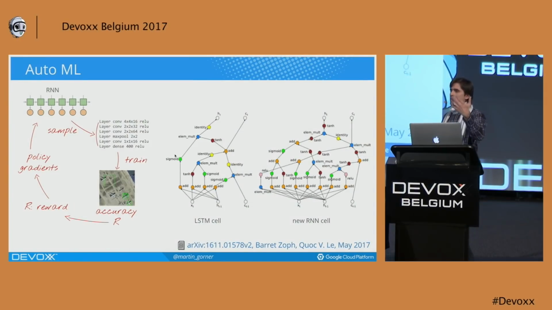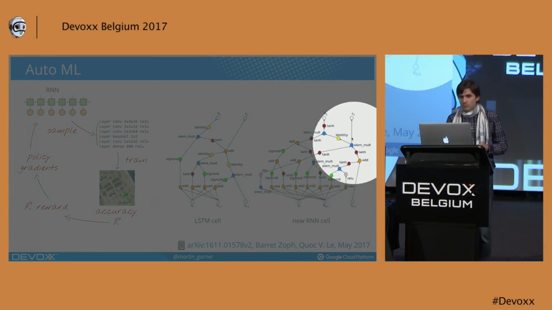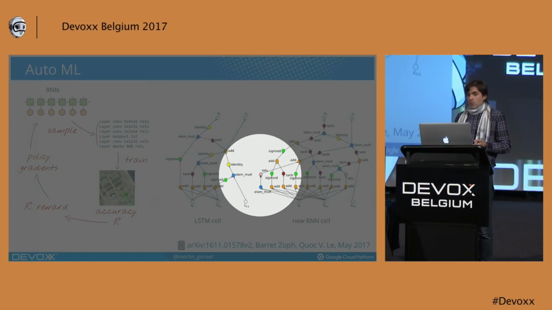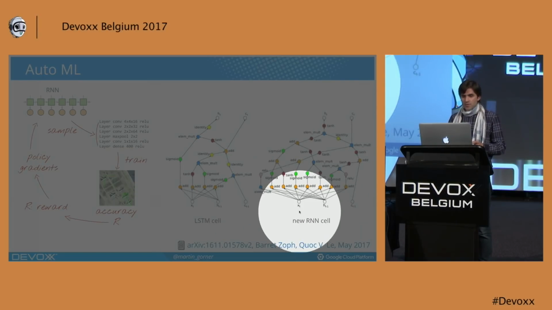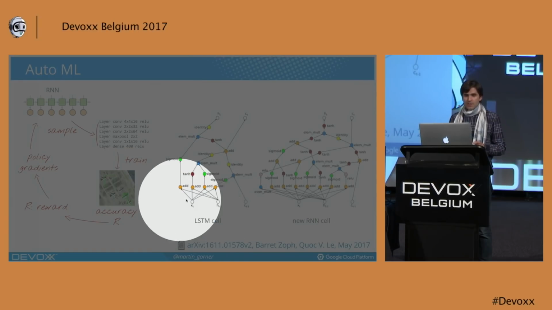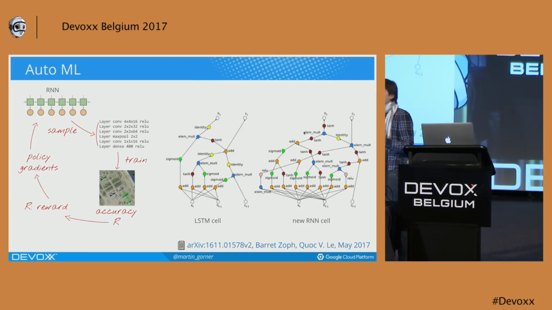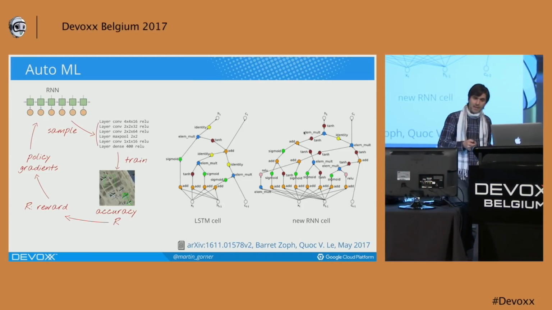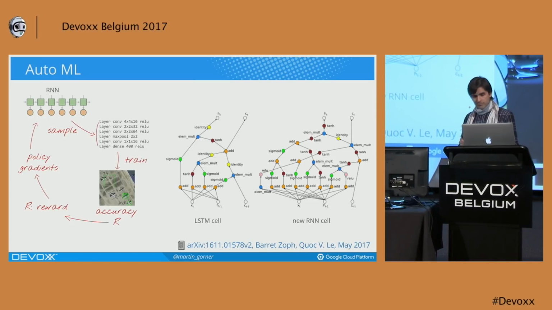And when the neural network was given this problem to produce a recurrent cell that would solve some problem very efficiently, it found this architecture, which has common elements with this one. You see there are additions here and so on, but otherwise it is very, very different from something that a human would have invented. And it does solve the problem in a more optimal way.